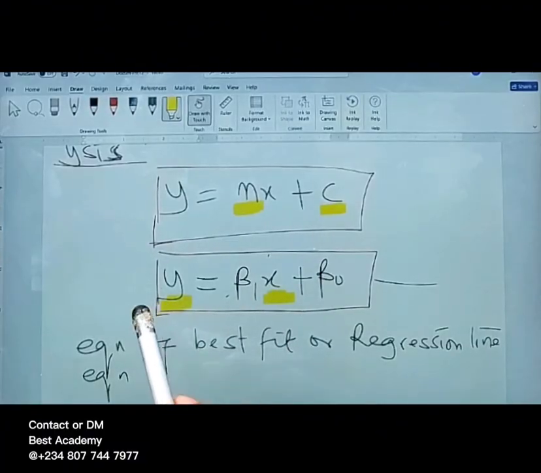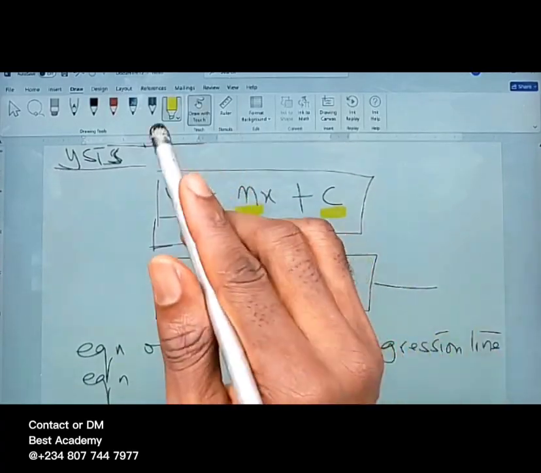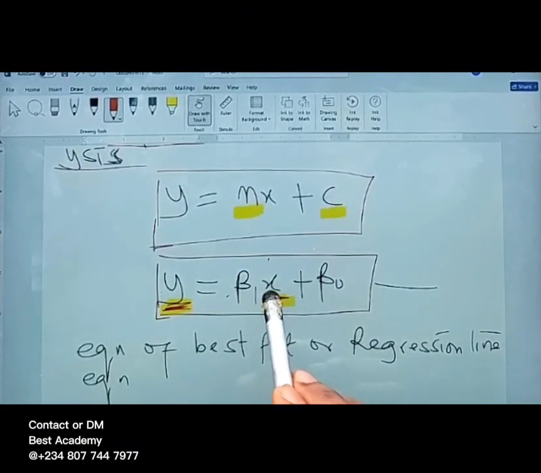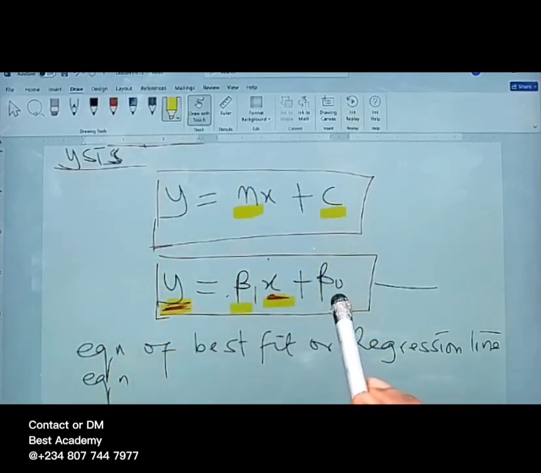But in calculating any parameters, remember y is said to be dependent or response variable. X is said to be independent or explanatory. But this beta 1 and beta naught is said to be regression coefficients.